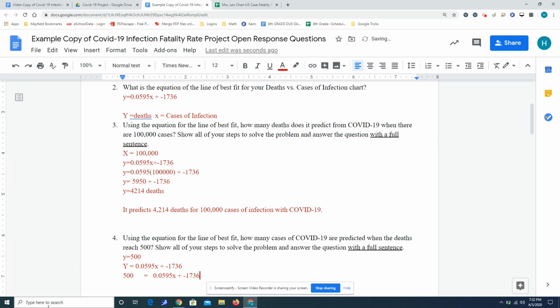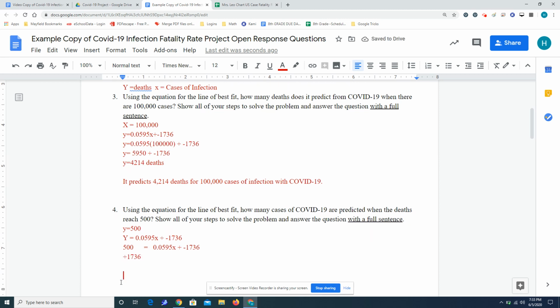All right, so if I need to solve for x, the first thing I need to do is get rid of this. So how do I get rid of negative 1,736? I'm going to add it to the left. I also have to add it over on the right. I need to know what they're going to equal, so I just usually highlight and click underline to put an equal sign there.